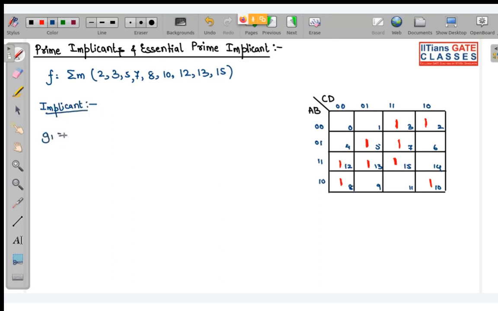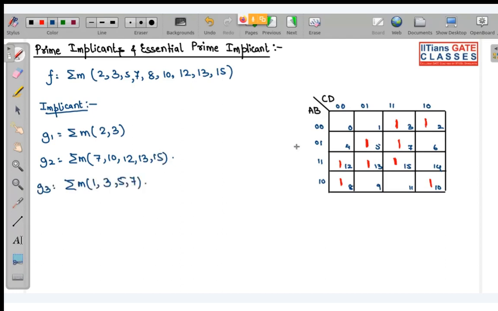Suppose I give you a few functions like g1. Now look here, this is the function. I gave you one more function. You can see f has variables a, b, c, d, and even g1 has variables a, b, c, d.